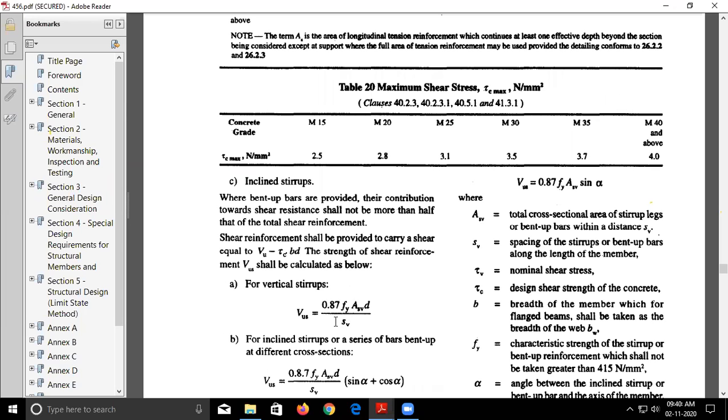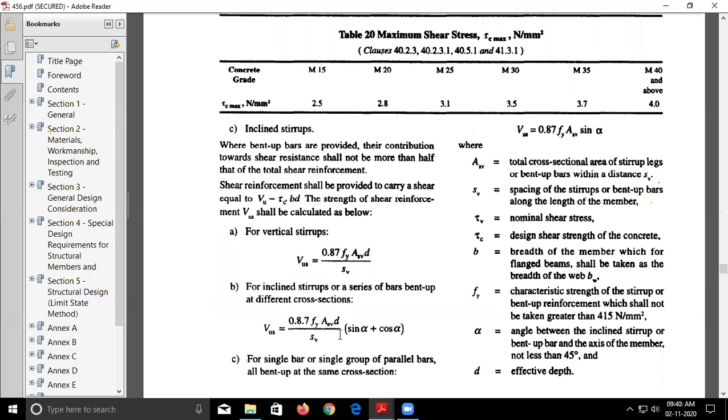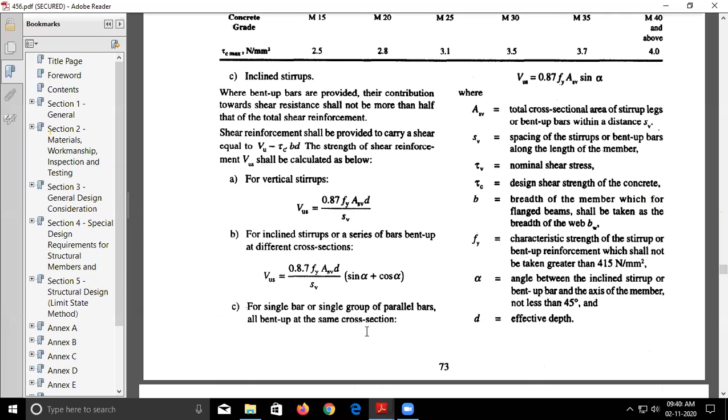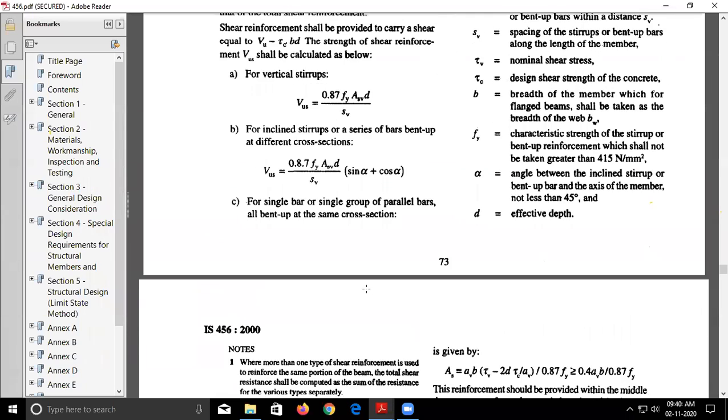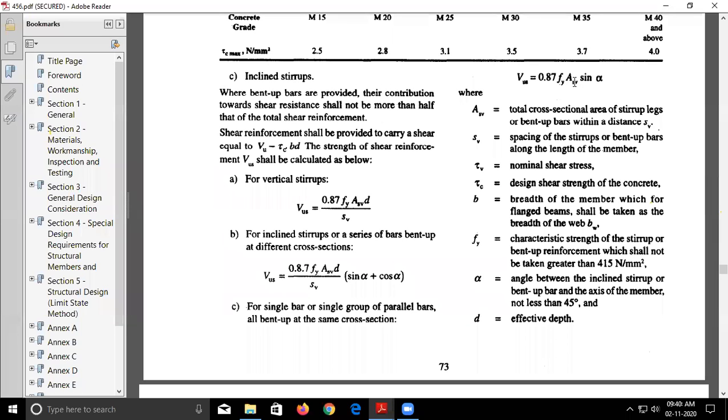So that's what we have seen. And for inclined stirrups, I have also just told you. And this is for the single bar or the single group of parallel bars. So the IS code does not give bars at different cross sections, it gives the single group, which I just explained. So this is where you can find everything about the shear.